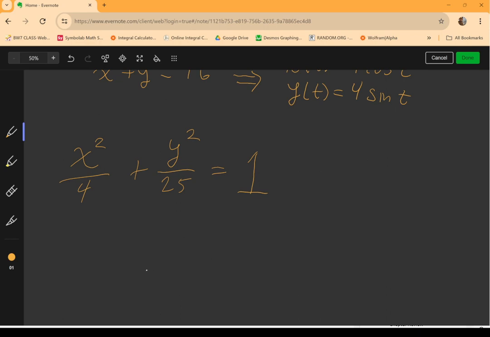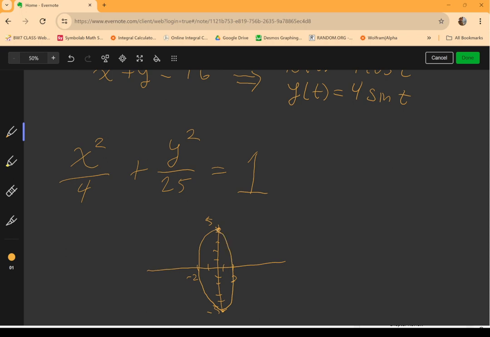So the graph looks something like this: 2, 3, 4, 5. Whatever the root of each denominator is, that's the length of what we call the major and minor axes, the bigger one being the major axis. Here it goes up to 5 and negative 5, and then in x it goes 1, 2, and negative 2. So that looks something like this.